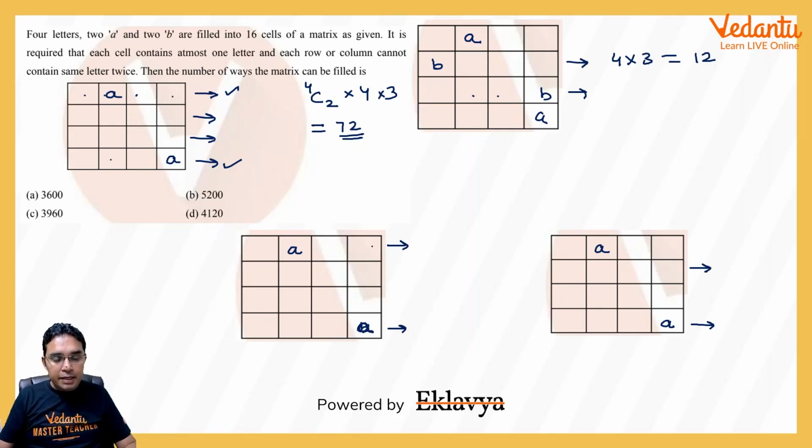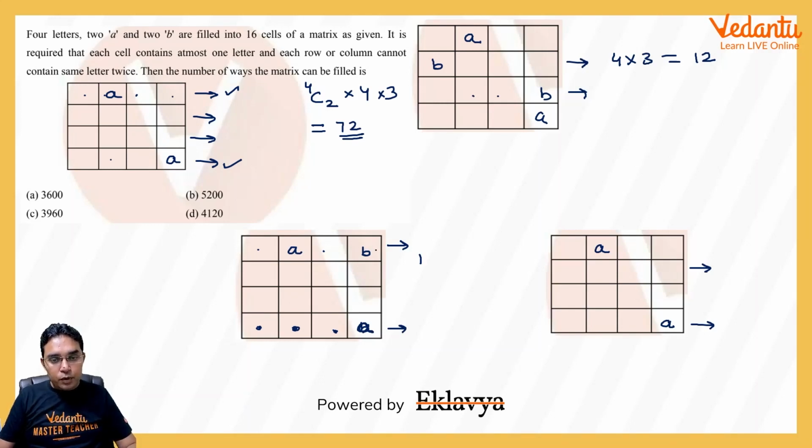Now in the second case, here I have 3 places to fill the first B, and then 3 places to fill the second B. But there is a small catch. Suppose you fill B here in the first row, which is done in one way, then you will have 3 places for the second B. You can check, even here we can place B, though this A and B will be in the same column, but that is permitted.